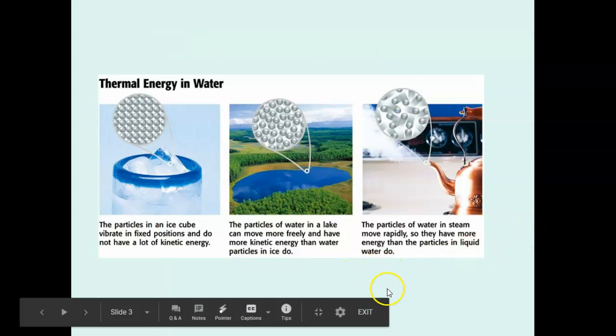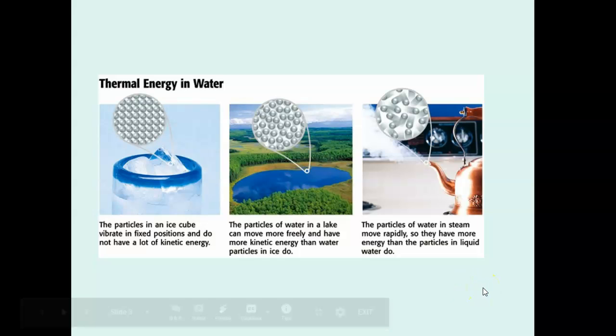Look at the picture below about thermal energy in water. Let's look at each of the pictures. Notice the first picture. It's a glass of ice cubes. Those ice cubes have particles that are very closely spaced together.